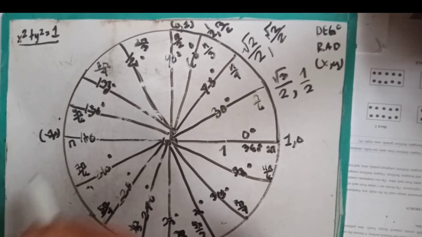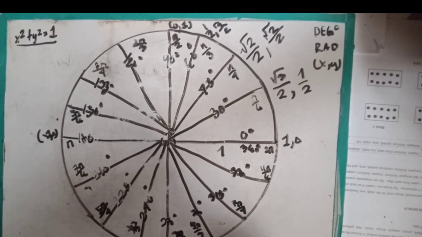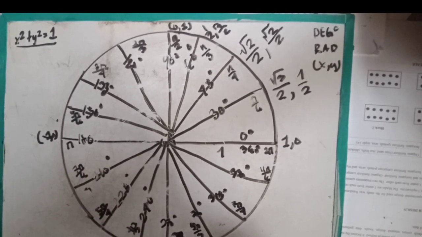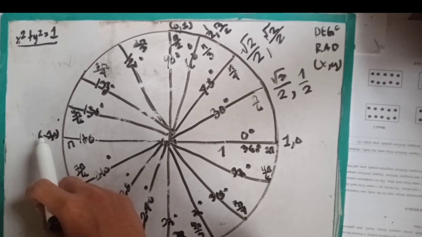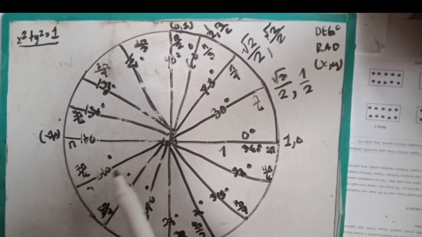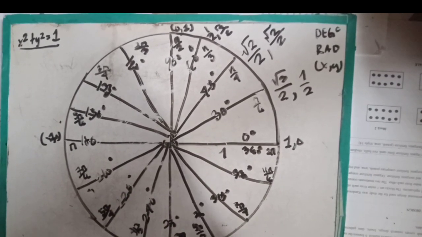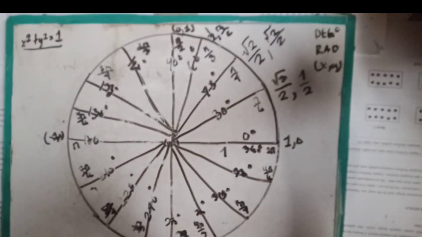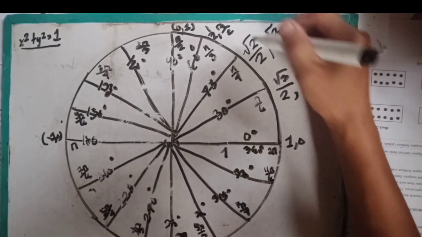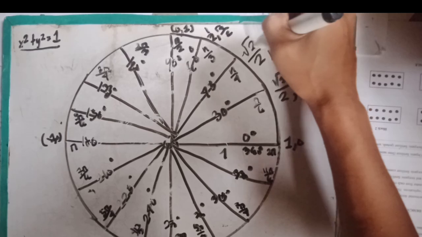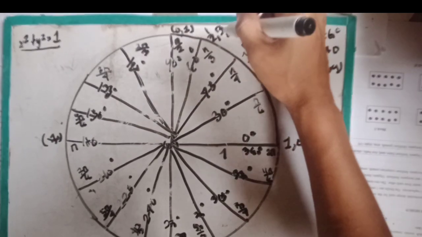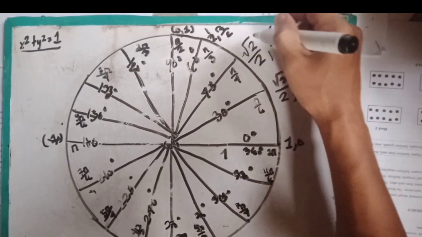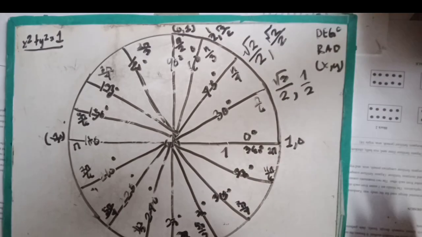So only the sign has changed. So in quadrant 2, the x coordinate is negative. So all the values right here will turn to negative, but the value of the y coordinate will remain positive.